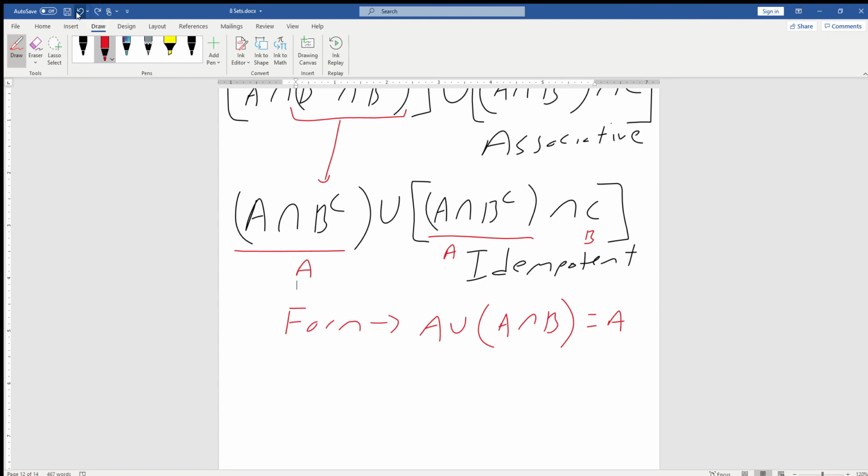So we rewrite this by the absorption law as A intersect B complement.